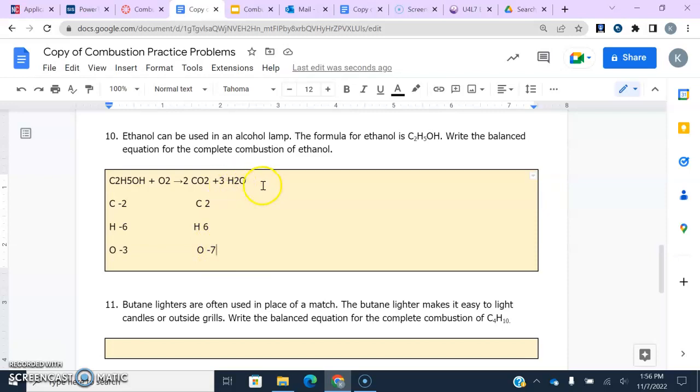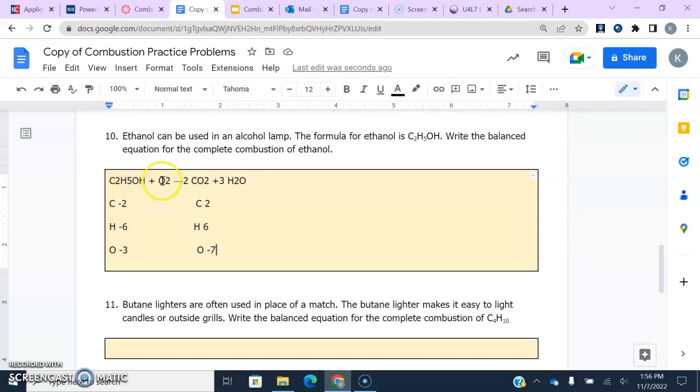So since we have 7 oxygens, we need to come over here and figure out how we are going to balance our oxygens, right? Because we have 7 now on the right, but we need to get it to balance on the left. So we have C2H5OH plus O2, but what we have to remember is that we do have this one oxygen here in this compound.